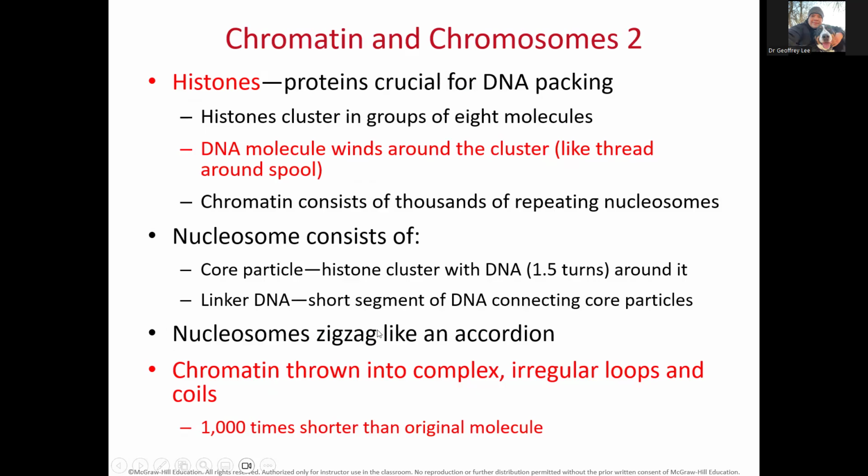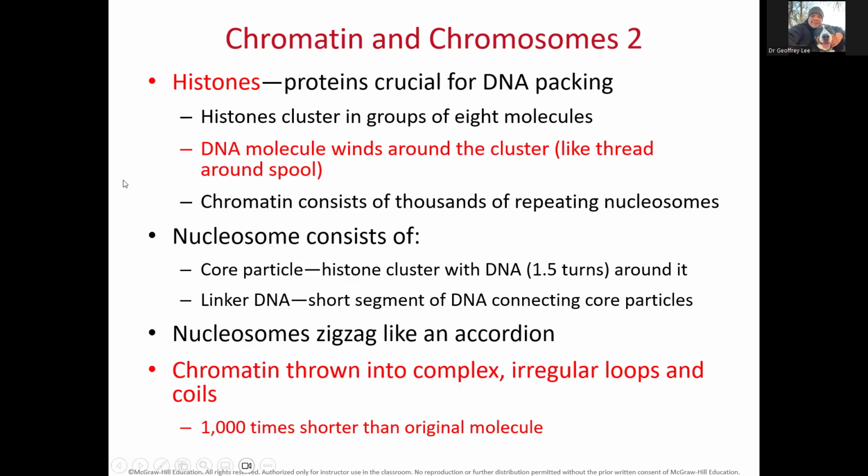A nucleosome consists of core particles, histone clusters with DNA, and linker DNA. A lot of this is a little bit beyond the scope, so I wouldn't ask anything about this. Just know how chromatin, chromosomes, and DNA are related. Chromatin is really condensed. Usually we see it as a sister chromatid, because it's a sign that we've undergone DNA replication.